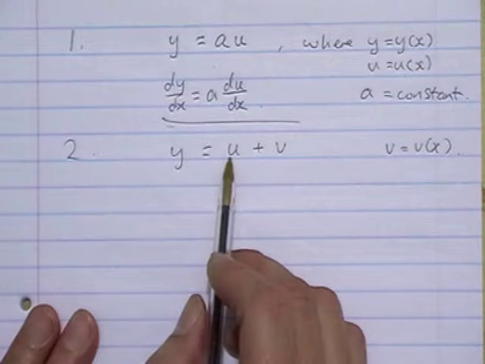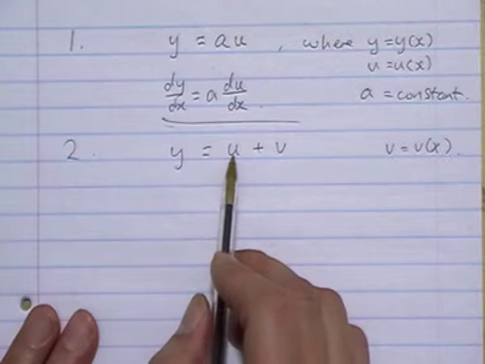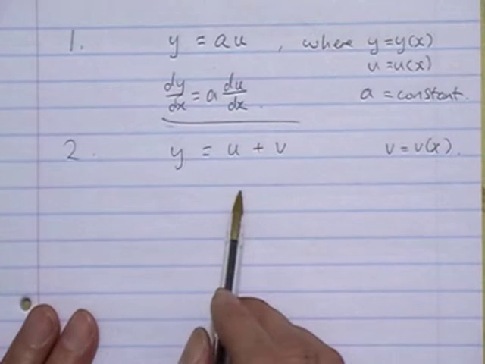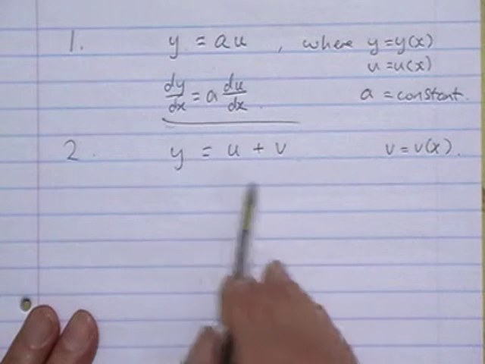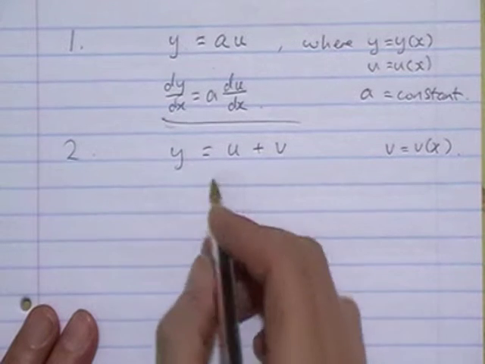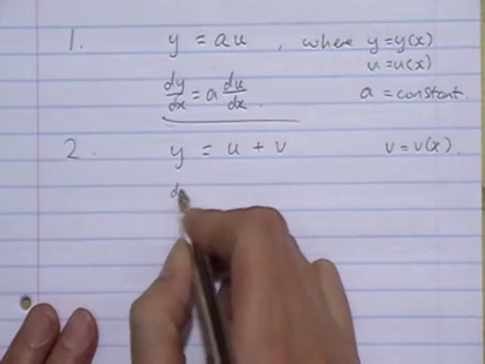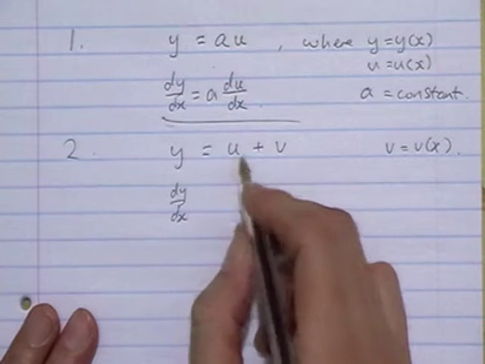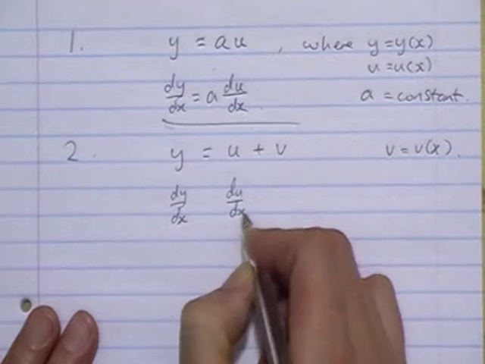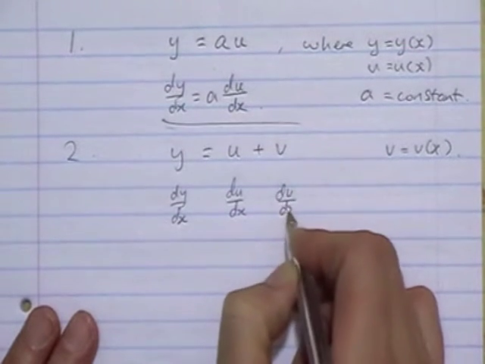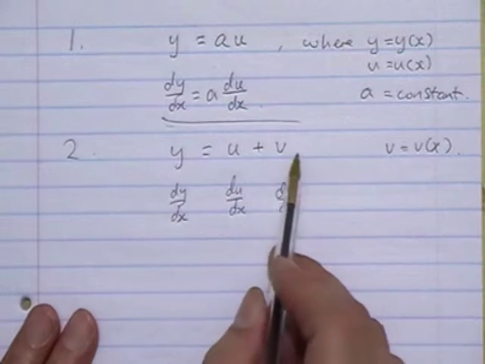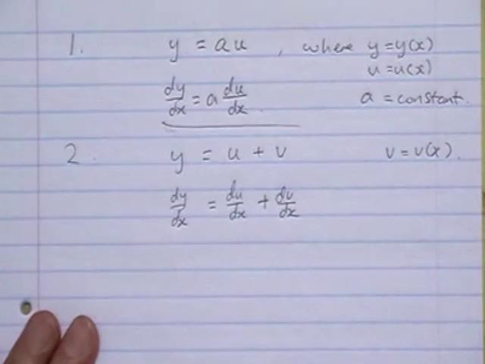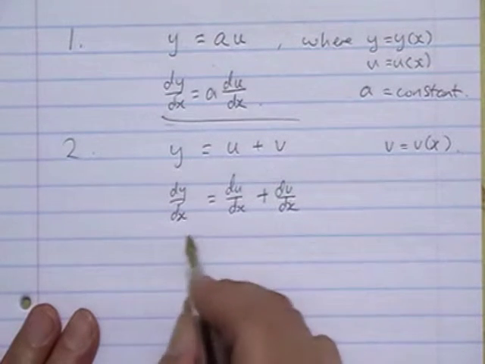The question is, what if I add u and v together to form a new function? Then how would I differentiate that new function? Well, this property tells us that all we need to do is to take the separate du dx and dv dx. That means we differentiate them separately and then we add them together. So that's the next thing that I want to prove.